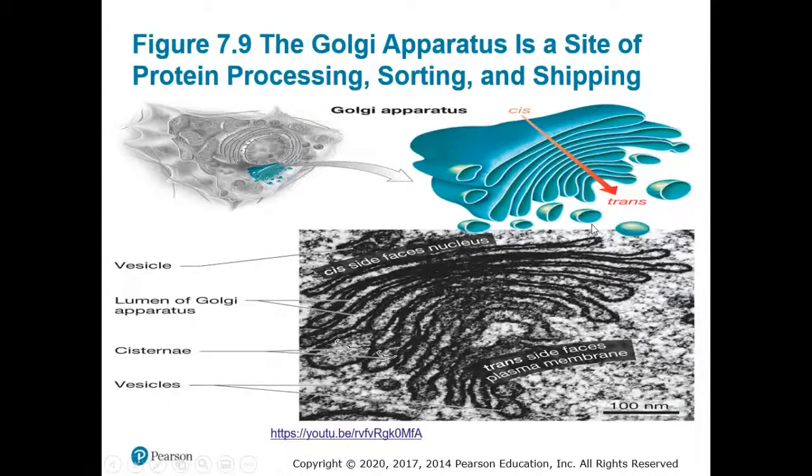Now, here's more or less how that works. Once proteins are made inside the rough ER, they travel to the Golgi, right? The Golgi makes vesicles from itself, right? So these are little vesicles that are budding off of the Golgi apparatus, right? Hopefully you can visualize how that takes place.